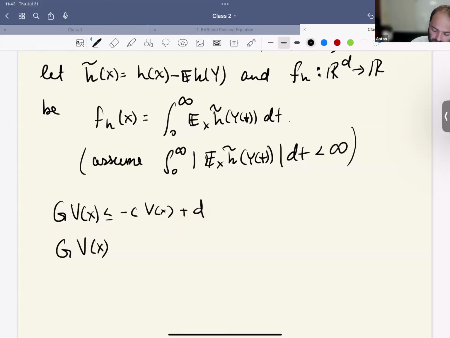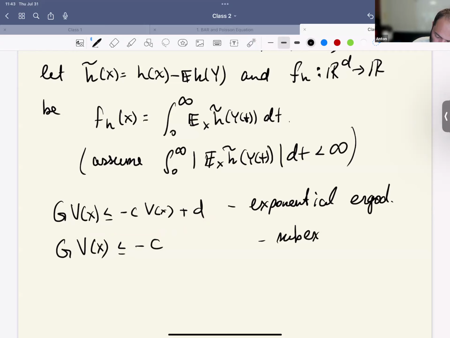So there is also sub-exponential ergodicity. And basically what it means is that the transient distribution converges to steady state slower than exponential.